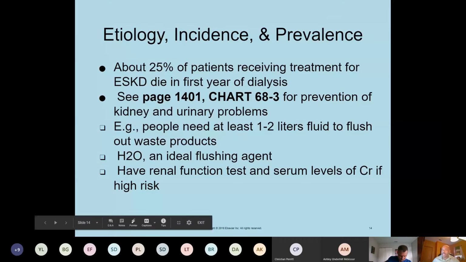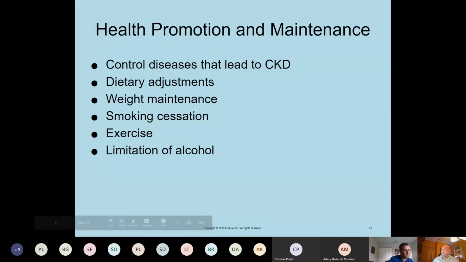These are slides that I can have you read on your own, because they're pretty simple. This particular slide, I'm going to have you read on your own. It just talks about a lot of teaching. So just learn about what things you have to be teaching your patients about.